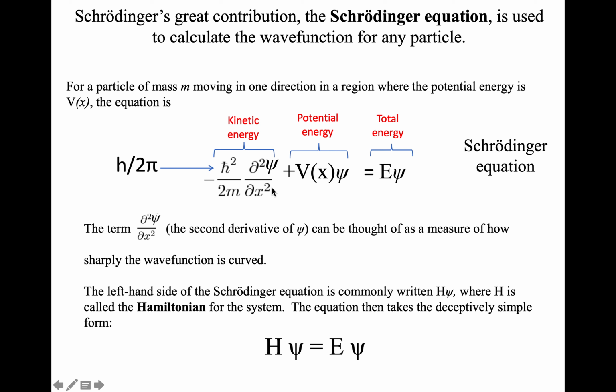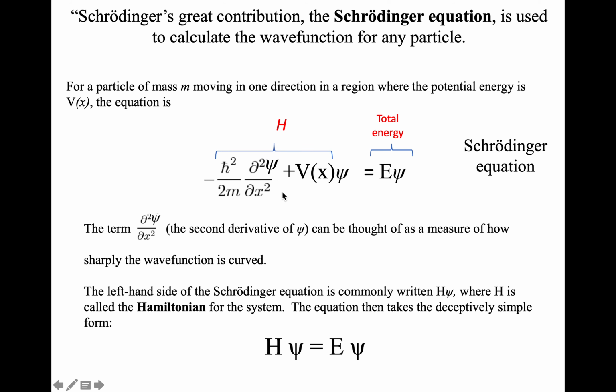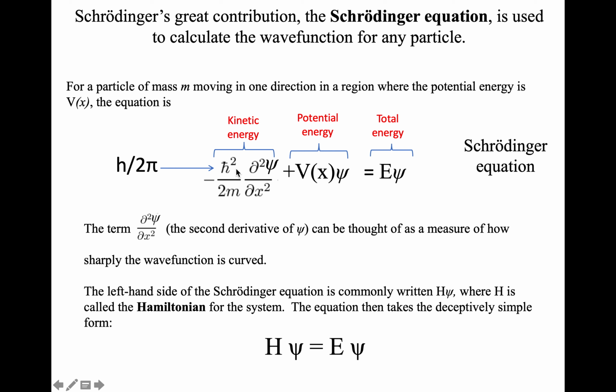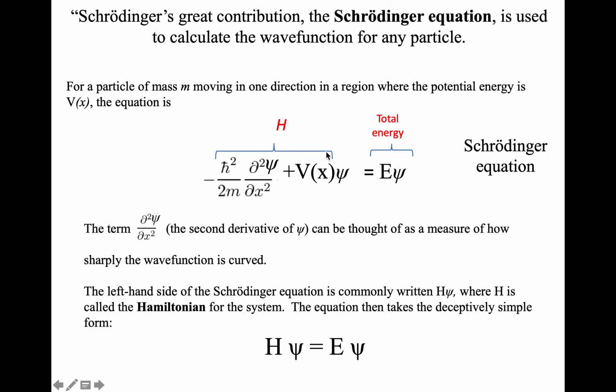It's taken all of these terms on the left and given it the symbol H. So internally here, h bar, that's something we've seen before, which is shorthand for h over 2 pi. All of these terms right here that had both a kinetic energy and a potential energy are summarized by the symbol H.